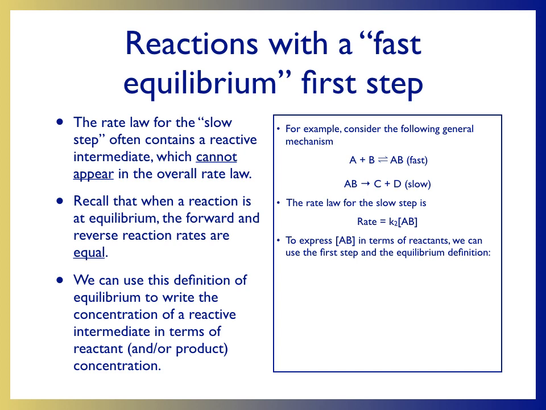And we want to rewrite that rate law in terms of the reactants so that it can be the overall rate law for the reaction. Remembering that for the first step, which is an equilibrium step, when that step reaches equilibrium, the rate for the forward reaction will equal the rate for the backwards reaction.